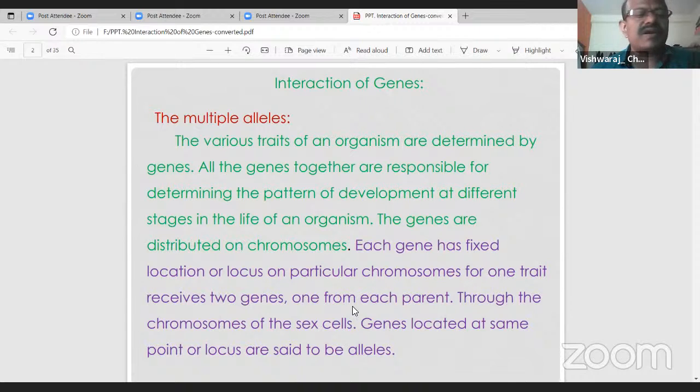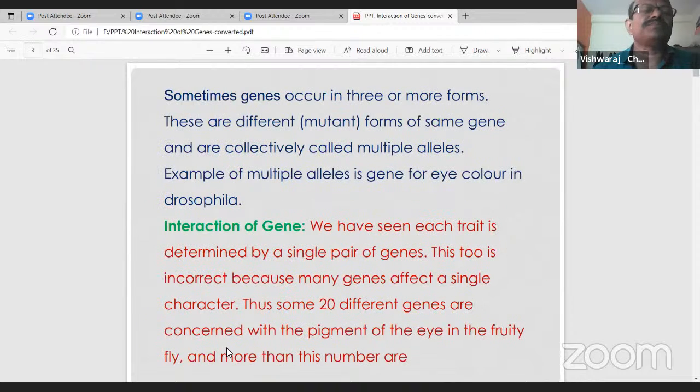For one trait, an organism receives two genes, one from each parent, on the chromosomes of the sex cells. Genes located at the same point or locus are said to be alleles. Sometimes genes occur in three or more forms.